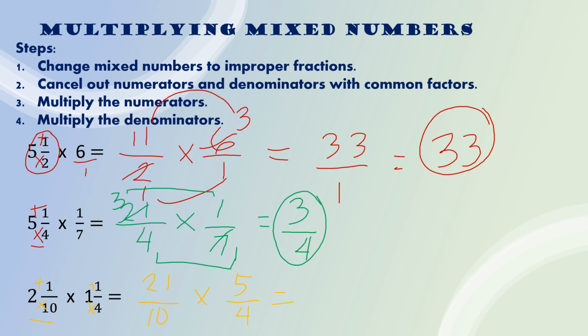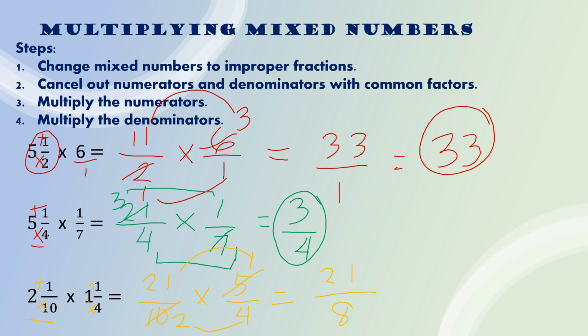Okay, so can we cancel out from one numerator and one denominator with a common factor? Yes, I can see 5 and 10 divisible by 5. So it's 1 and 2. Okay, are there any more numbers? No more. So we can just multiply: 21 times 1 is 21. And then 2 times 4 is 8.